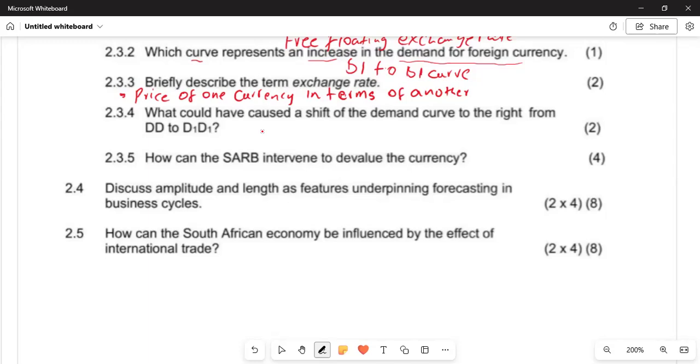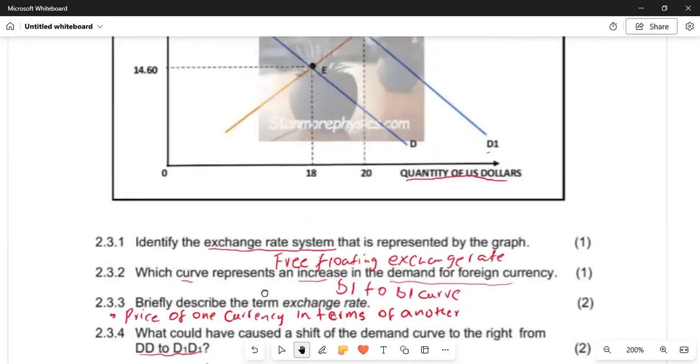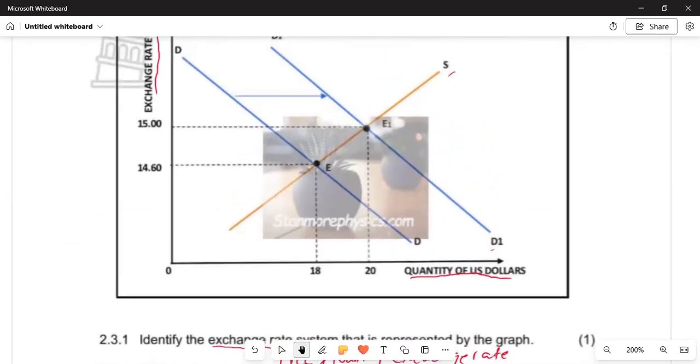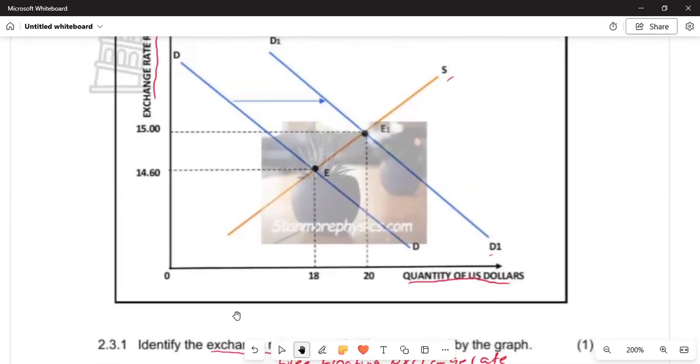2.3.4 What could have caused a shift of the demand curve to the right from D to D1?